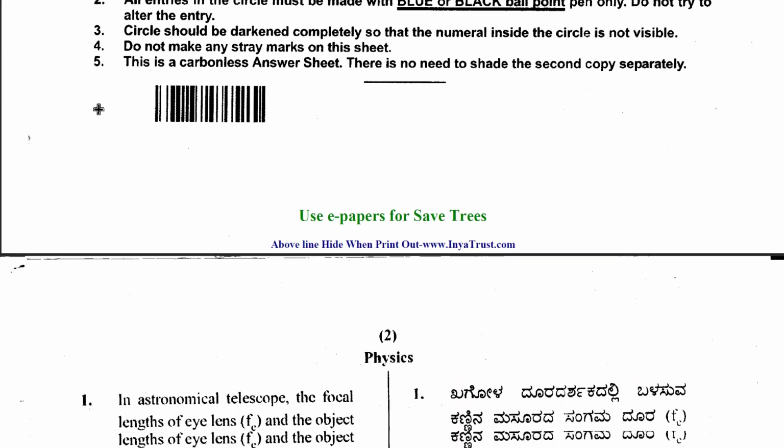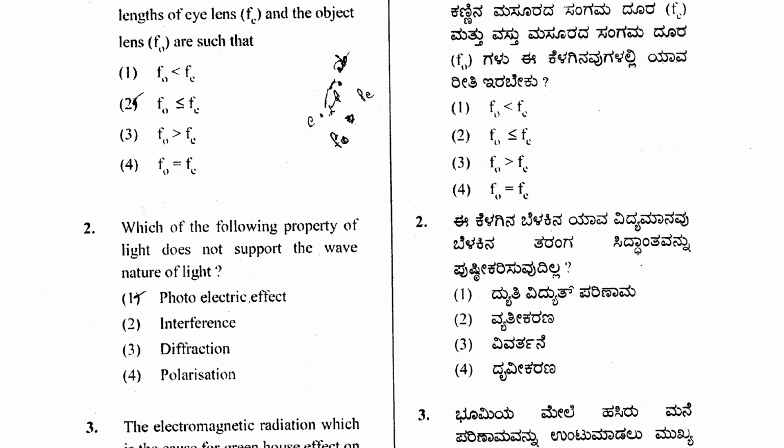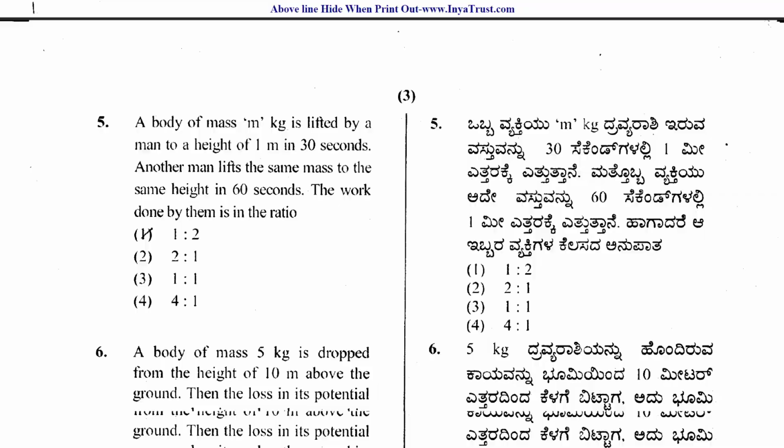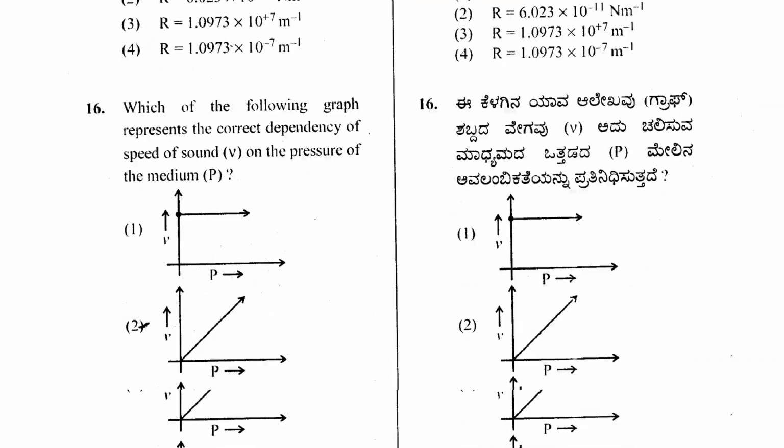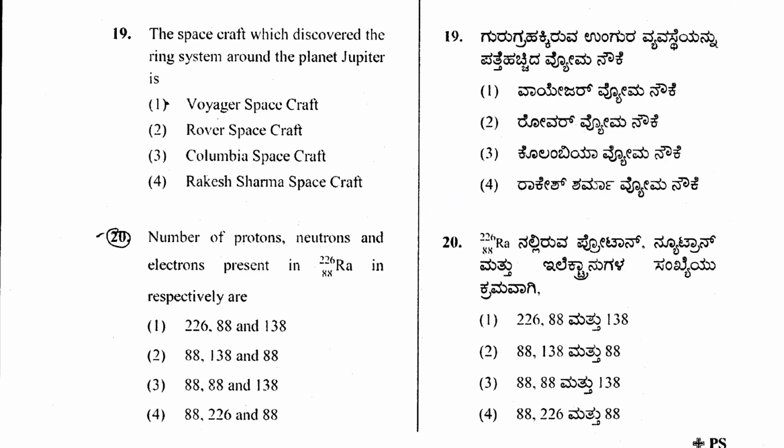If you see the 2015 question paper carefully, how was the pattern? In paper 2, question number 1 to question number 40 were proper physics questions, and then question number 41 to question number 80 were proper mathematics questions.